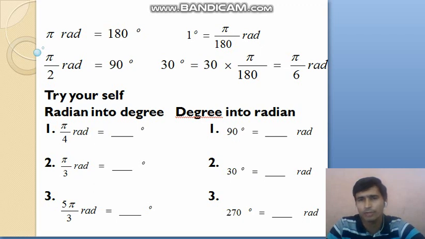So if we want to convert 30 degree into radian, 30 degree is multiplied by pi by 180. 30 multiplied by pi divided by 180 is equal to pi by 6 radian. Similarly, you can convert 90 degree, 30 degree, and 270 degree into radian by yourself, right?